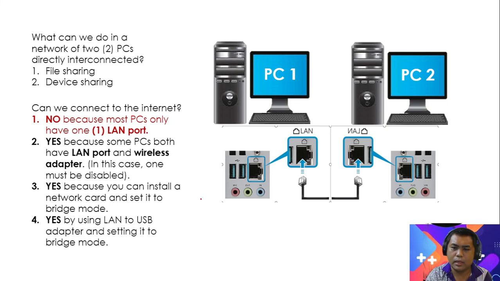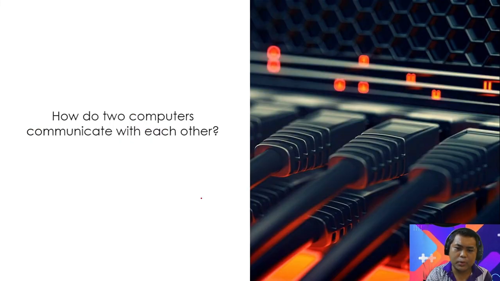Next. Okay. So how do two computers communicate with each other? This is what my students also ask me sometimes, because they really do not understand how they actually connect. But I always answer their question with this one.